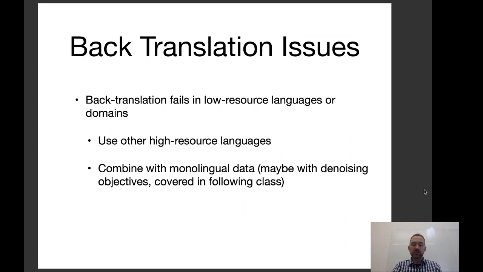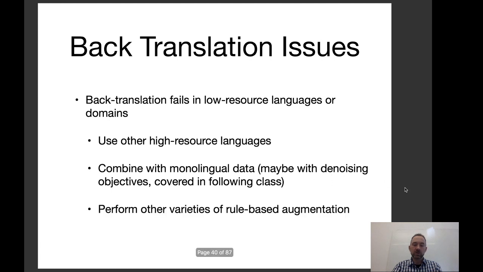Another remedy being combining with monolingual data. There's other varieties of combining with monolingual data, but we're just going to talk about the simplest variety in this class because we'll be talking about more complicated ones later. And also performing other varieties of rule-based augmentation. So let's go through all of these different methods.